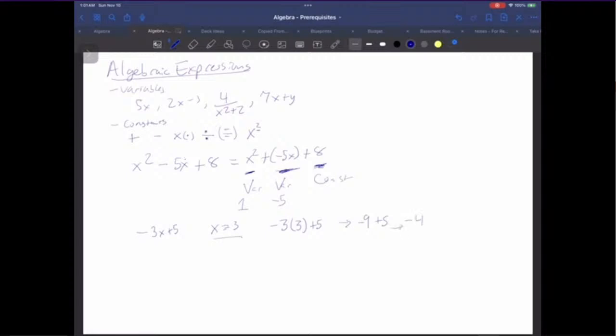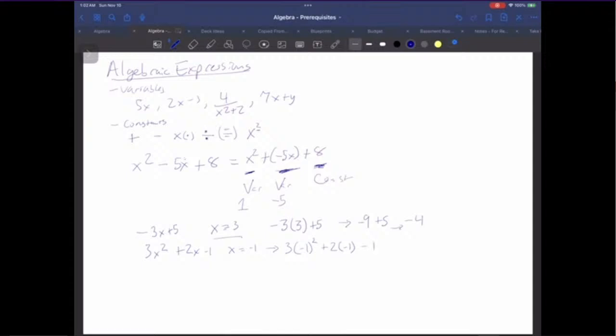If I have, let's say, 3x squared plus 2x minus 1, and in this case x is equal to minus 1, once I substitute that in, I can take that minus 1 and substitute it for that x, and also substitute it for this x. So 3 times negative 1 squared plus 2 times negative 1 minus 1.